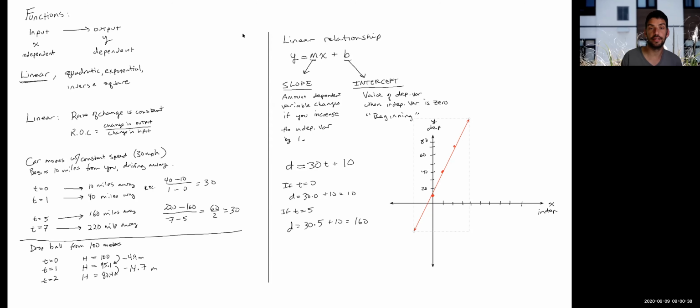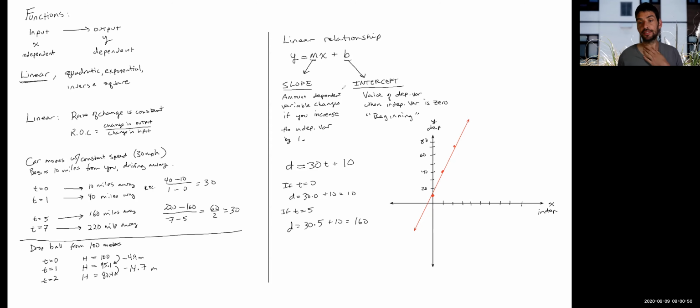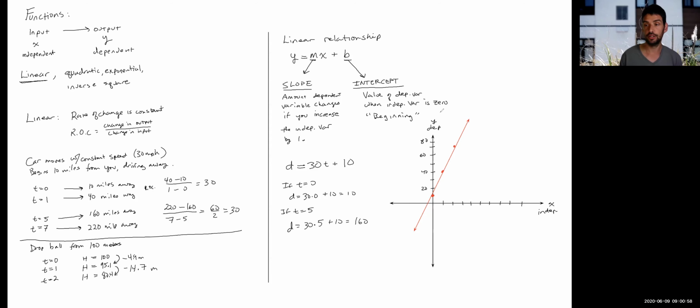It might come as no surprise, with a linear relationship, the graph looks like a line, right? And that's always the case, okay? And these two pieces, the slope and the intercept, tell us how the line is going to look. The slope determines how steep it is, right? So this one has a slope of 30.